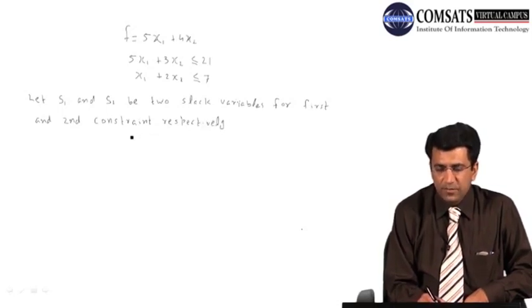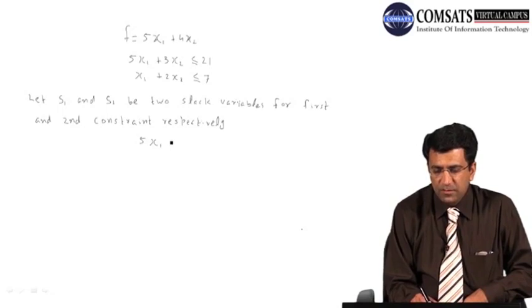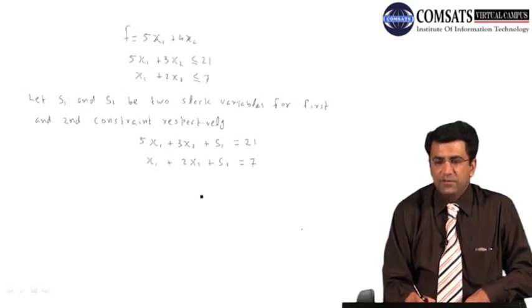If we use these slack variables, our inequalities will be converted into equalities, that is 5x1 plus 3x2 plus s1 is equal to 21, and the next one is x1 plus 2x2 plus s2 is equal to 7.